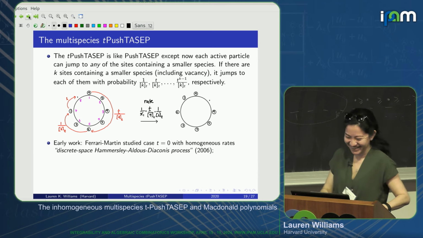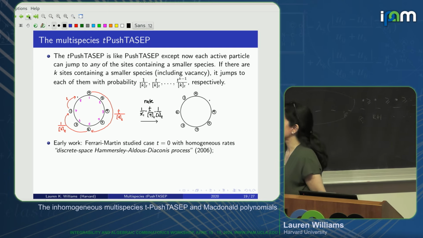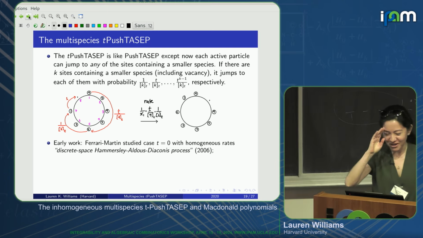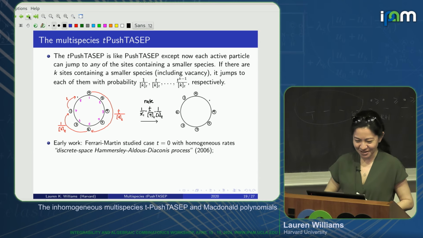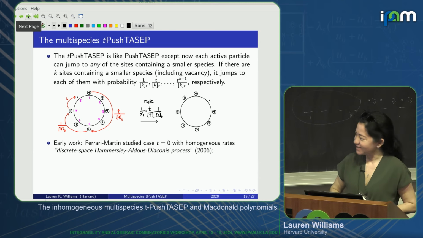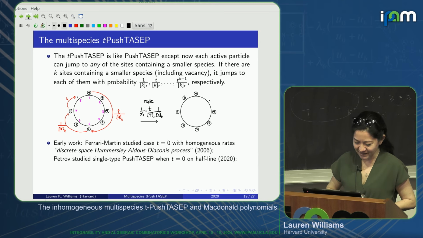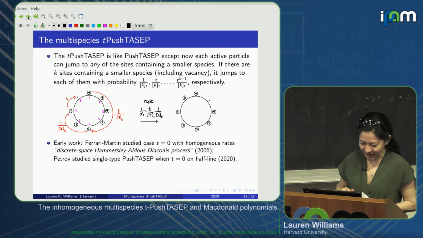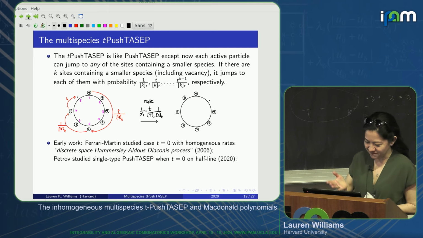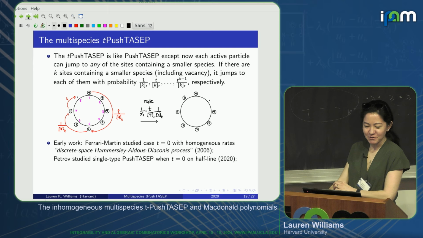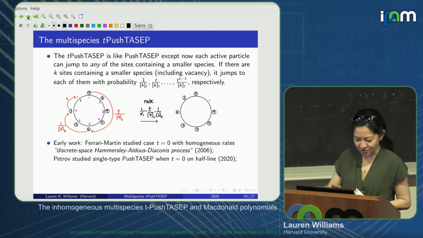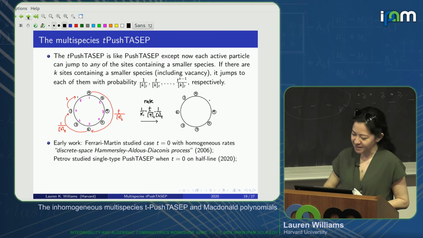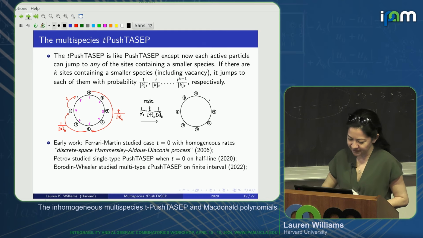Okay, sorry. All right. So now I'm trying to list some earlier references on things like t-PushTASEP, and my list of references is very much overlapping with Arvin's list of references. So there was work of Ferrari and Martin on this discrete space Hammersley-Aldous-Diaconis process. Leo Petrov studied the single type push-TASEP when t equals 0 on a half line.